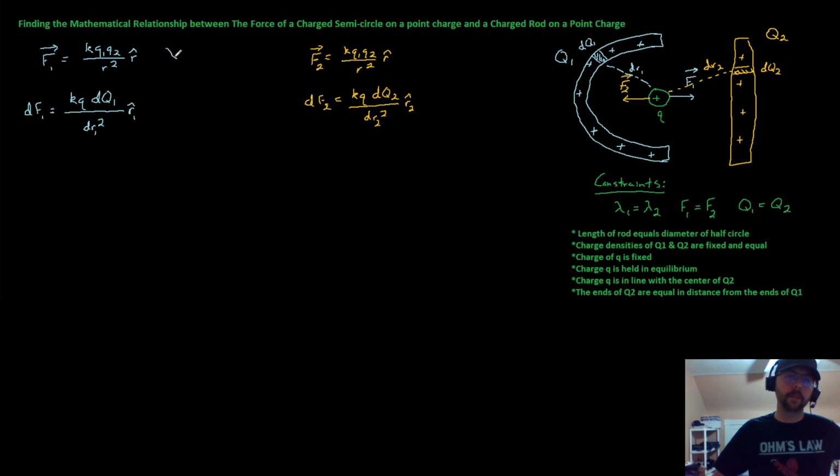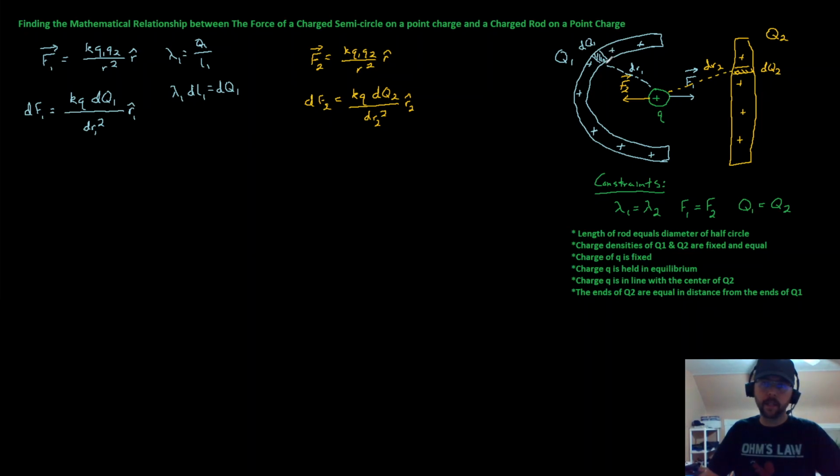Charge density 1 equals the total charge of 1 divided by length of 1, and the same would be true for dq and dl. So we can multiply this over, so I'm going to do both steps at once. We're going to have lambda 1 times dl1 equals dq1.